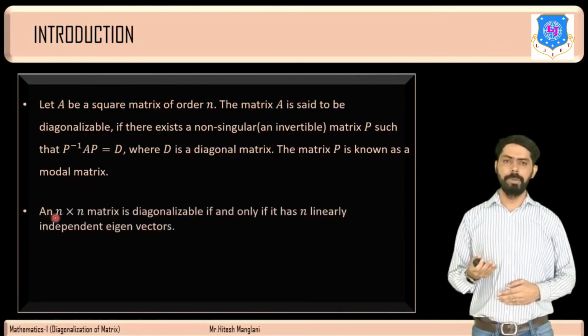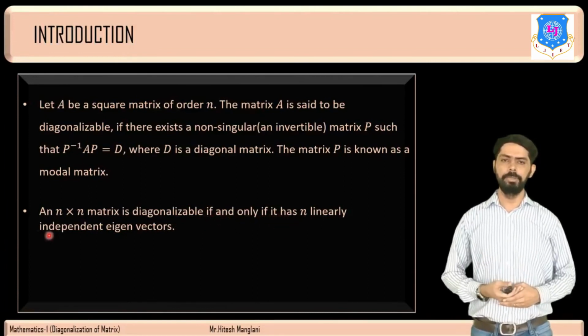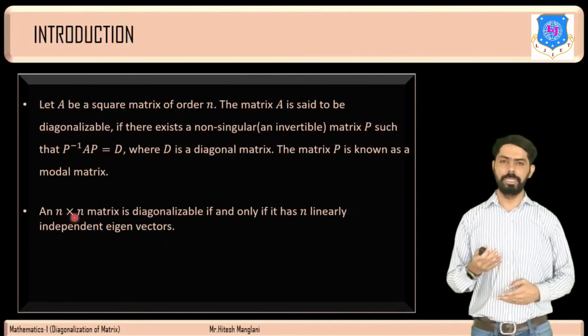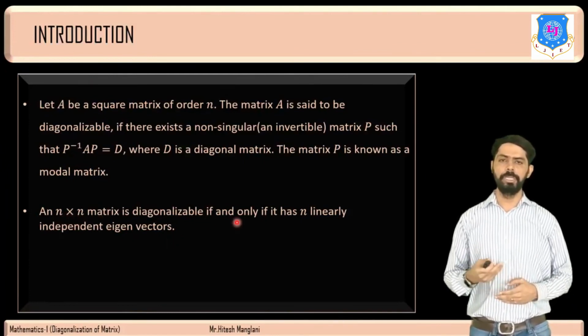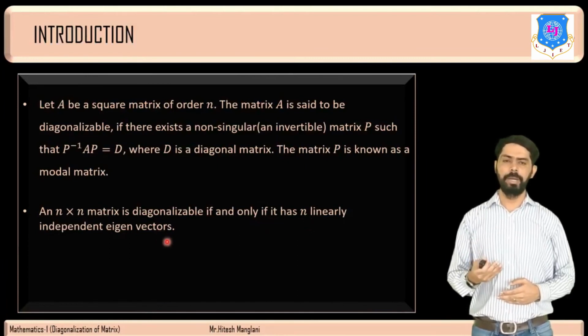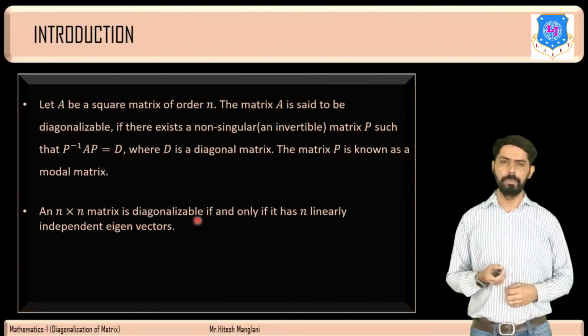An n cross n matrix is diagonalizable if and only if it has n linearly independent eigenvectors. So if a matrix is of order 3 cross 3, then there should be 3 linearly independent eigenvectors, and only then is that matrix diagonalizable.